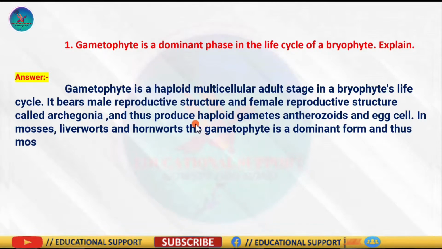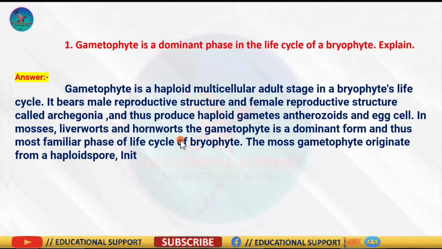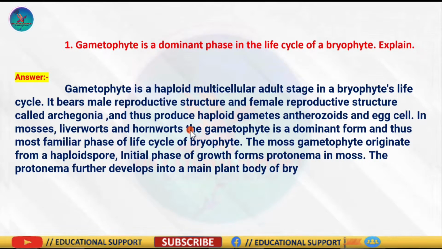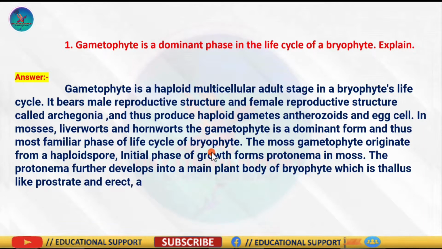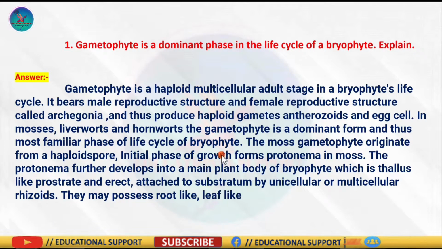The female sex organ, called archegonium, is flask-shaped and produces a single egg. The antherozoids are released into water where they come in contact with the archegonium. An antherozoid fuses with the egg to produce the zygote. The zygote does not undergo reduction division immediately, and it produces a multicellular body which is called a sporophyte.